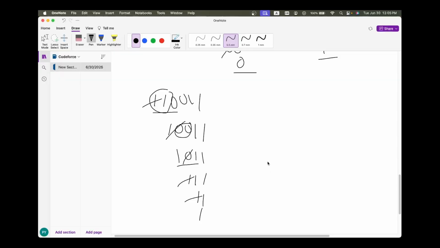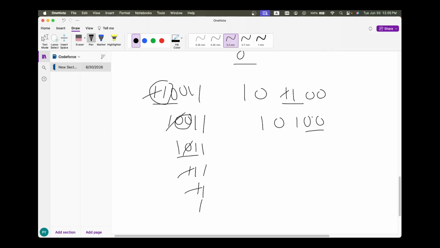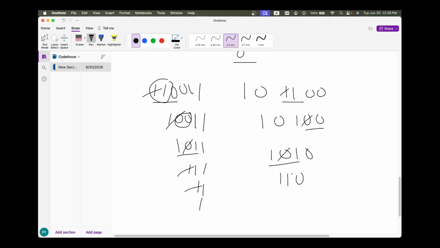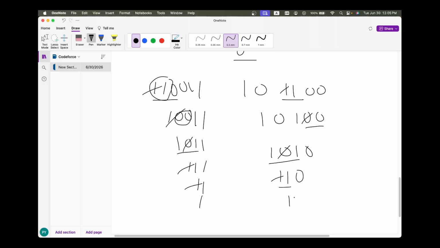And then here in this case, you got 101100. Say you take this 1 1, you cut it out, and then take this 0 0 and cut it out. Then we got 1010, and then this 101, cut the 0. These two ones, cut this guy.